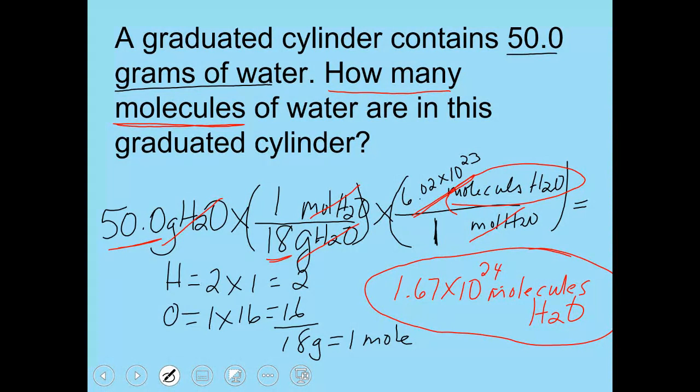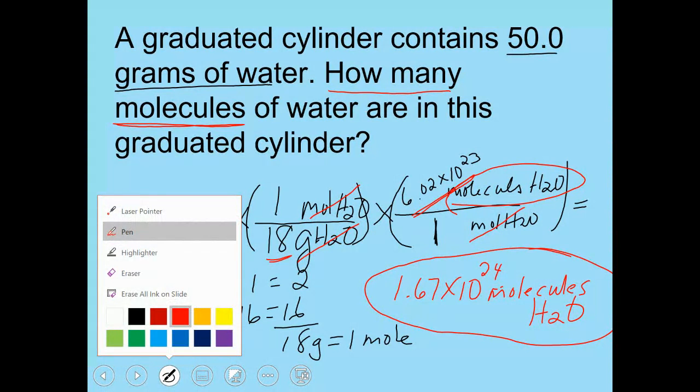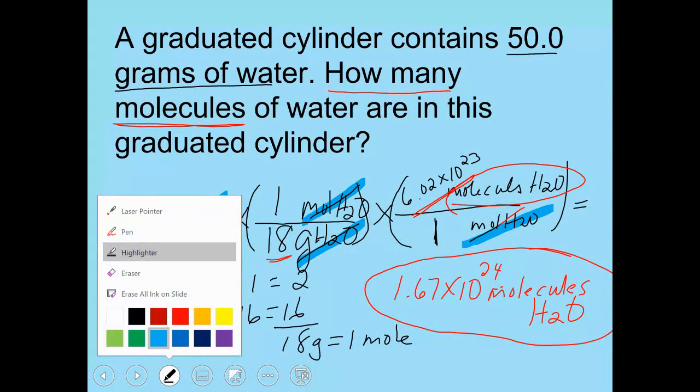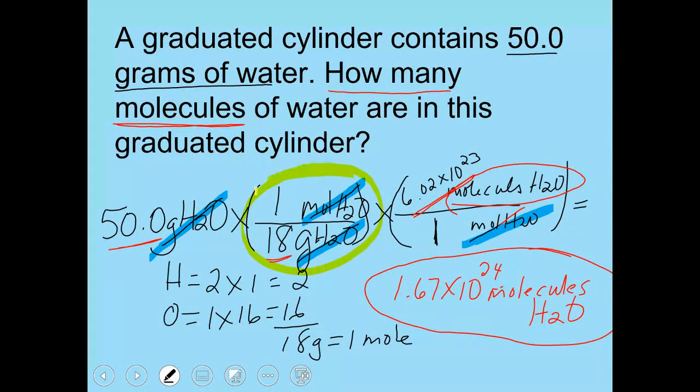And just remember some of the basic rules about all this is that you have to make it so that your units divide out, right? And every time you set up a factor, the top and bottom of that factor have to be equal. 1 mole is always equal to the molar mass of a compound in grams.